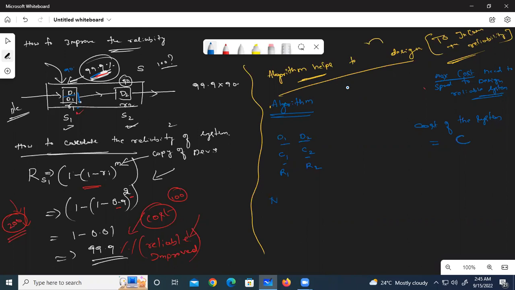Okay, so first thing, number of devices at a stage, otherwise you can take it as how many devices at a stage, stage 1 required, stage 2 required, all those things. So that is equal to this one, cost C, this one cost C plus CI, this is the maximum cost they have given, right?